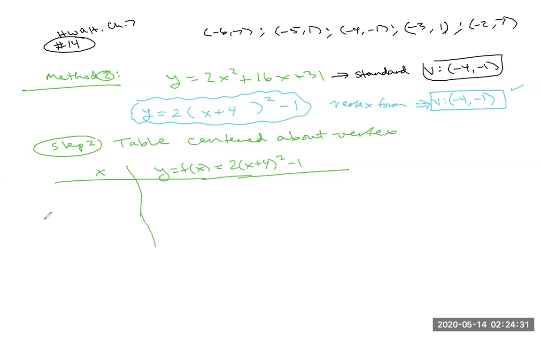So vertex in the middle. We have negative 4, negative 1. So same thing. Take your x value, subtract 1, subtract 2. Take your x value, add 1, add 2.